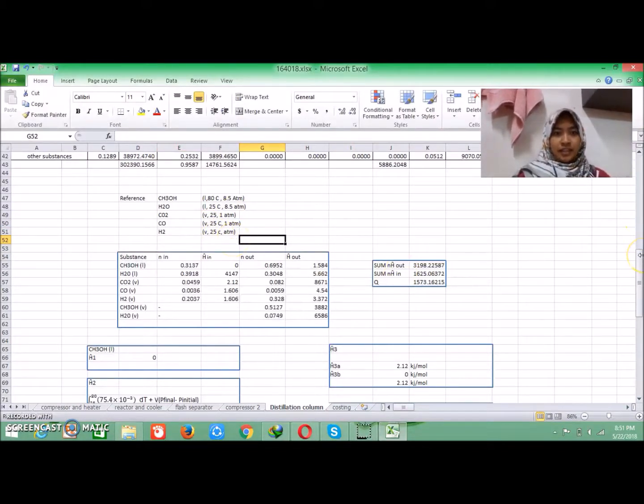And then I calculate the H in and H out for the distillation column.